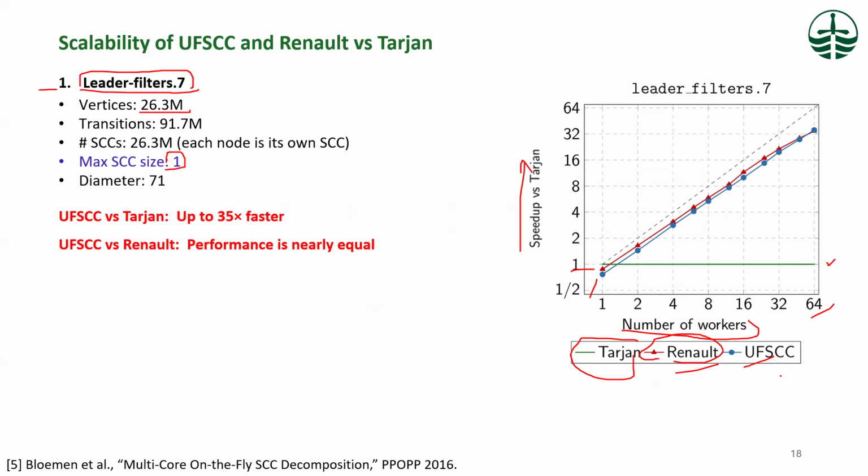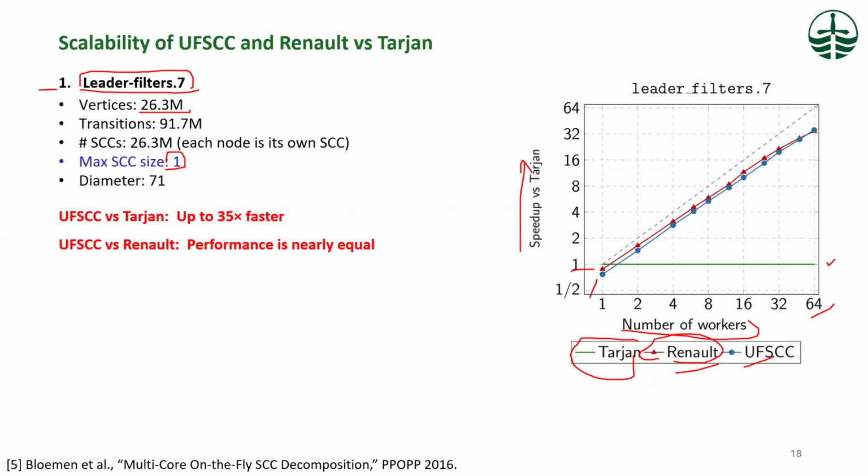Now the question is why? We have seen that the main advantage of UFSCC over the peer DFS is that it can explore the nodes with parallel workers and then merge them using union find. That was the core idea of UFSCC. So in this case, Reynolds is already working better than the UFSCC algorithm.